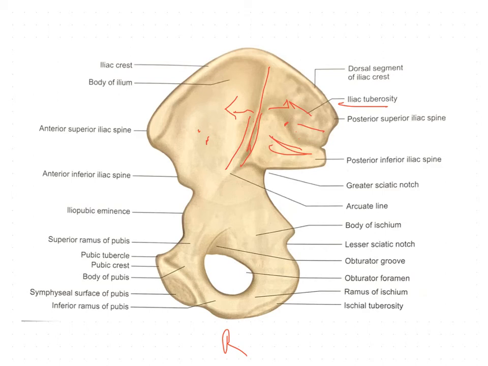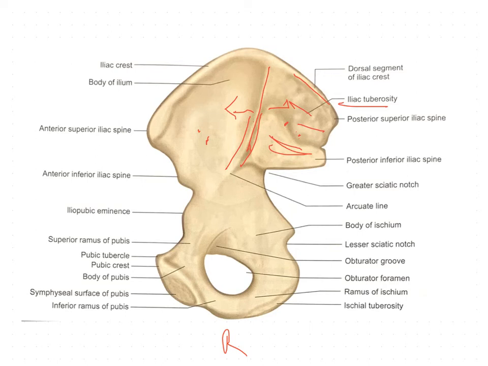Now the iliac tuberosity is the large upper roughened area, present on the upper side, lying just below the dorsal segment of the iliac crest. It is raised in the middle and depressed both above and below.